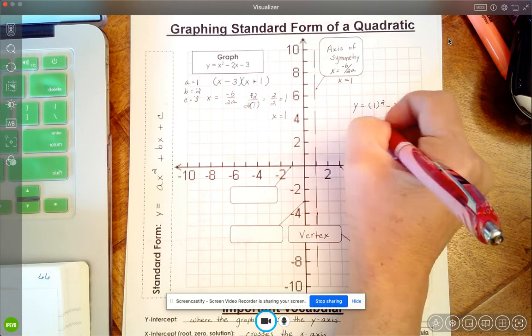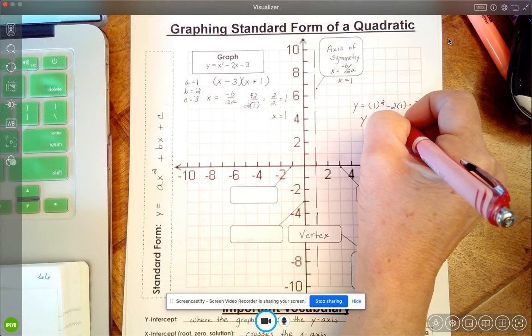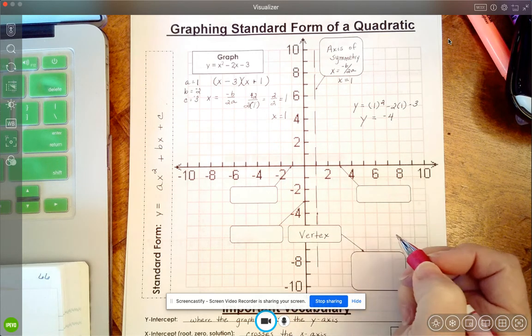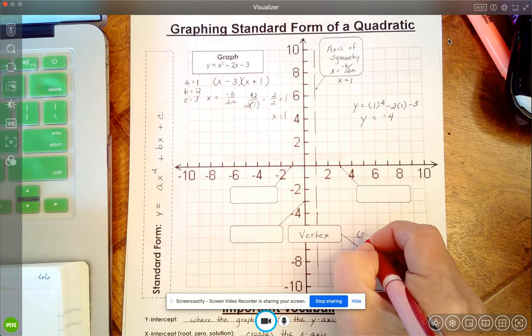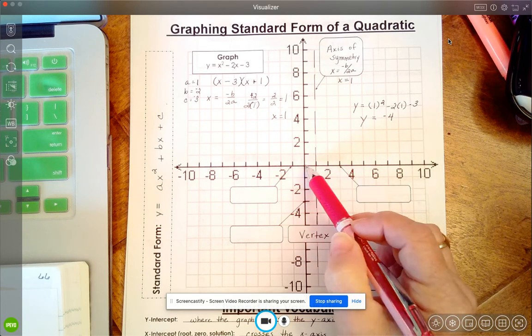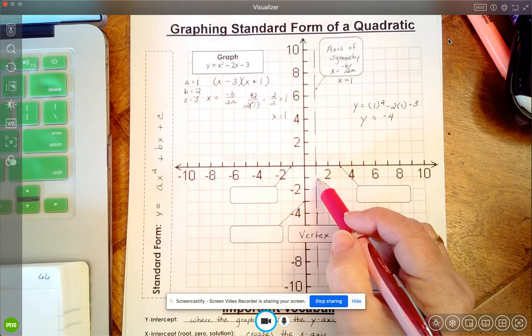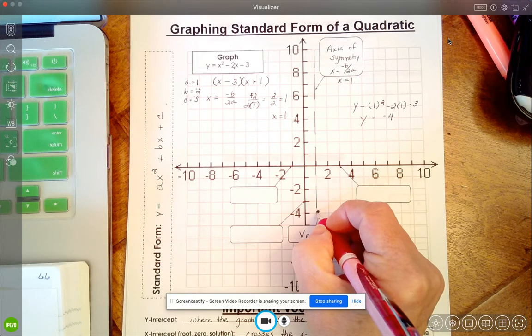And I get that y is equal to negative 4. So my vertex will be 1, negative 4. I go 1 and then down to negative 4: 1, 2, 3, 4. Right here is going to be my vertex.